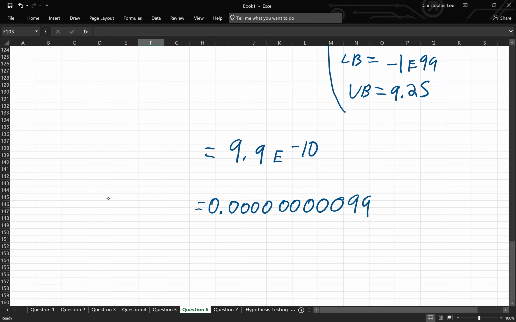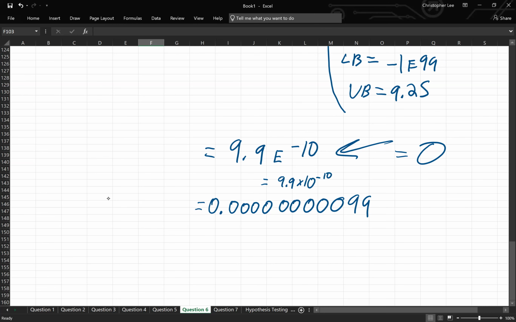So anytime you see an answer like this in the calculator, it looks weird. Just know that that answer means 0. I'd rather you say the 0 because I don't want to confuse your professor. What 9.9 E negative 10 means, if you remember scientific notation, is 9.9 times 10 to the negative 10 power.